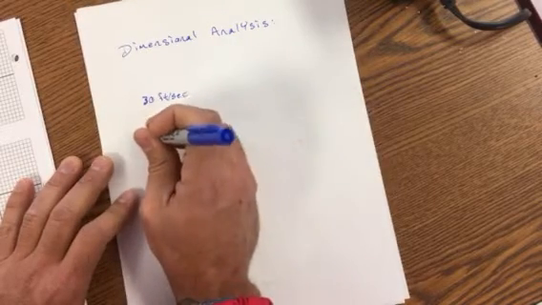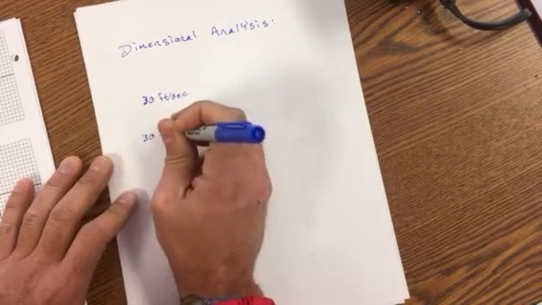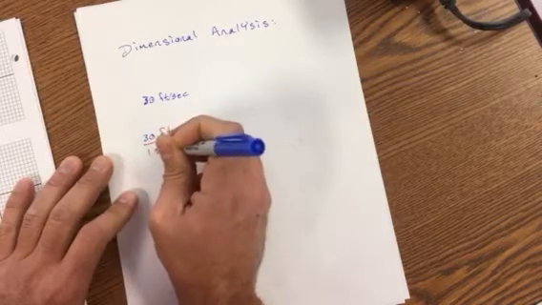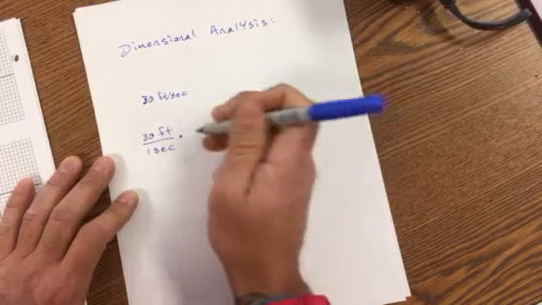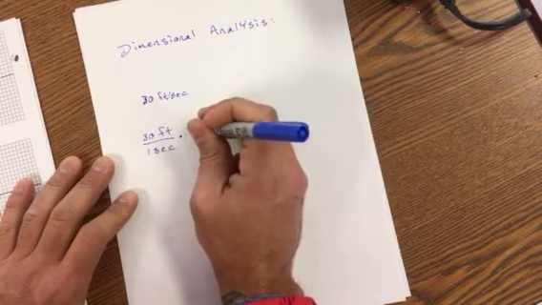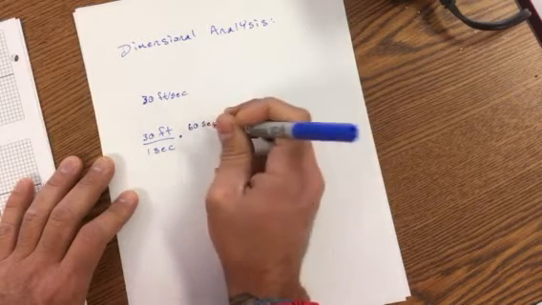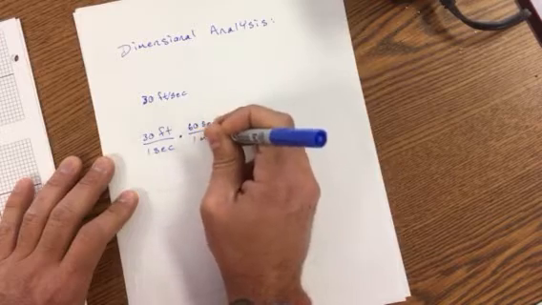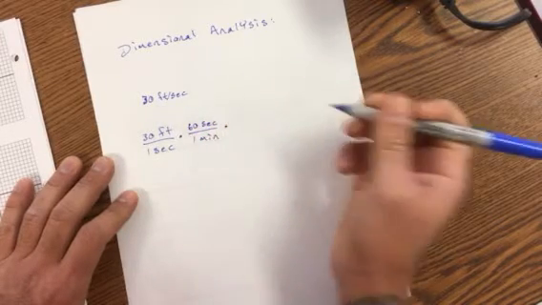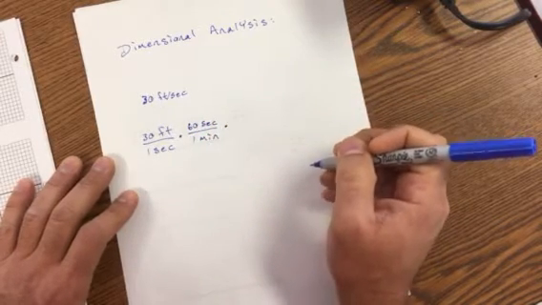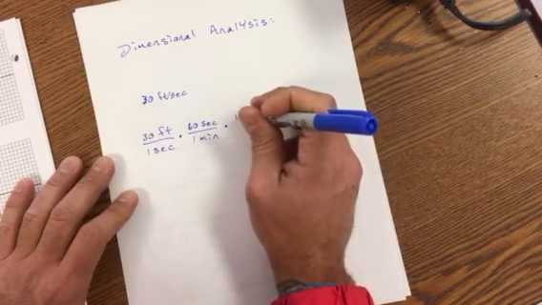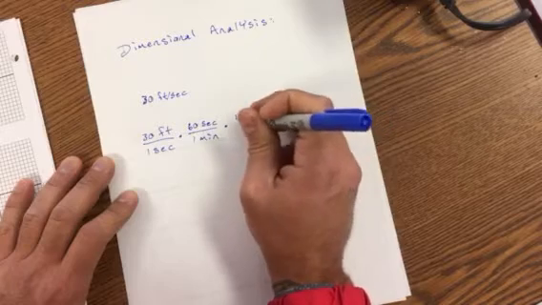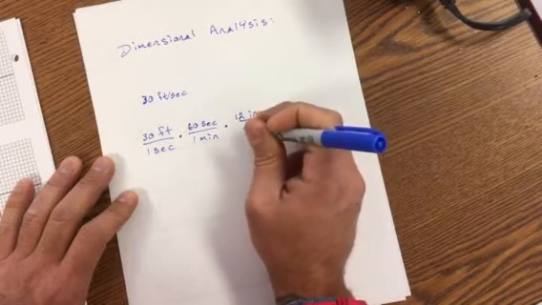So what we would do is 30 feet per 1 second, times, we want to go feet per minute, so 60 seconds per 1 minute, and we're trying to change it to inches per minute, so we're going to go 12 inches per 1 foot.